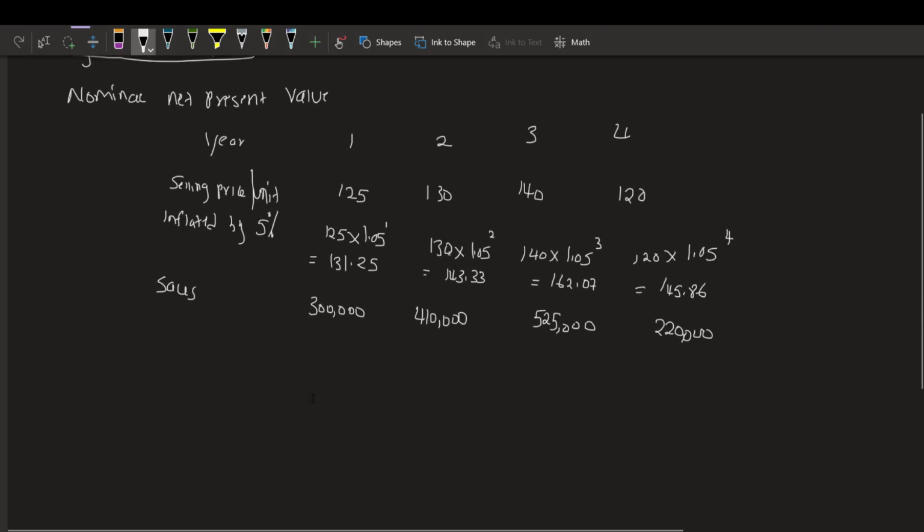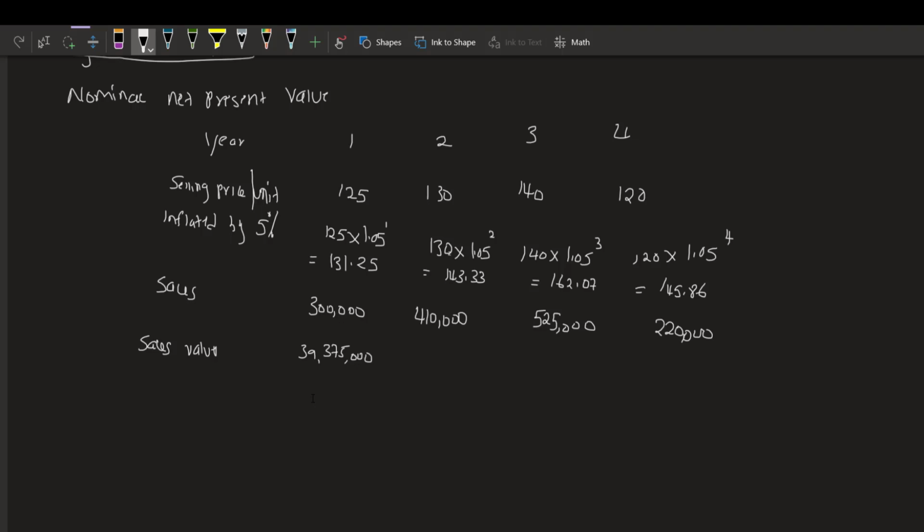So we can go ahead and get the sales value. We multiply the selling price by the sales in units. So 131.25 multiplied by 300,000, we get 39,375,000.